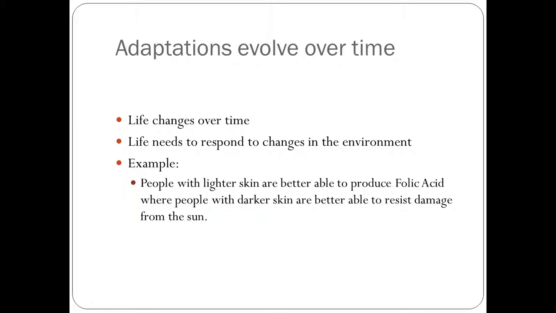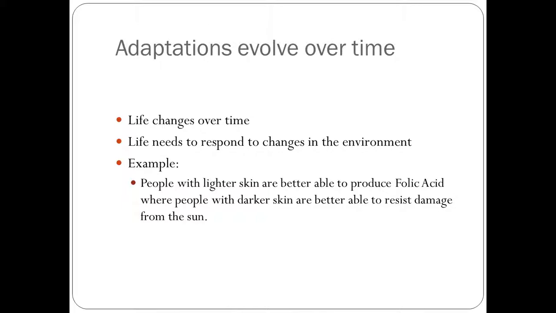Another example would be the skin colors everyone always sees. The farther north you move, usually skin tones become lighter and lighter, whereas the farther south you are, more towards the equator, the darker your skin color is. You might sit there and say, well, why is that? The reason comes down to a balancing act between making folic acid and the ability to resist damage that's caused from the sun.